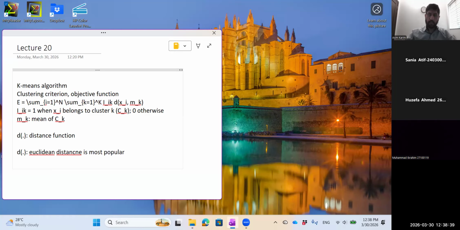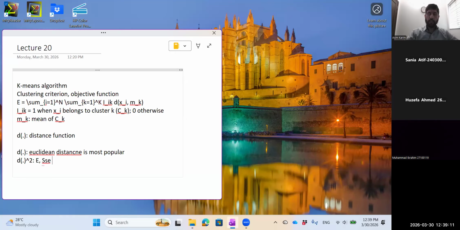Okay. So it's the most popular. And if you square this, obviously you are taking the square root away from the Euclidean distance. So that error function E then becomes the sum of squared error.